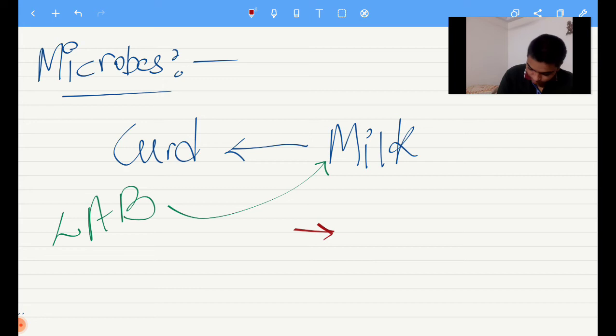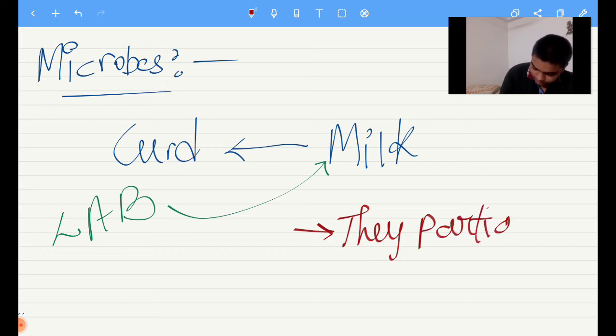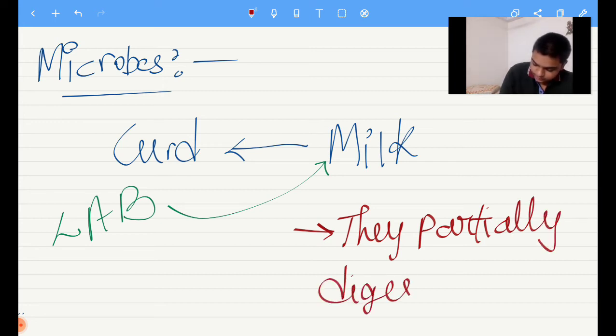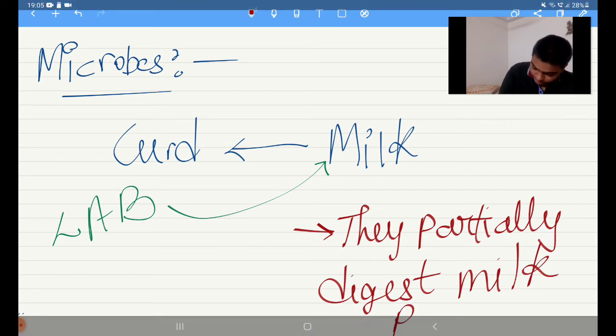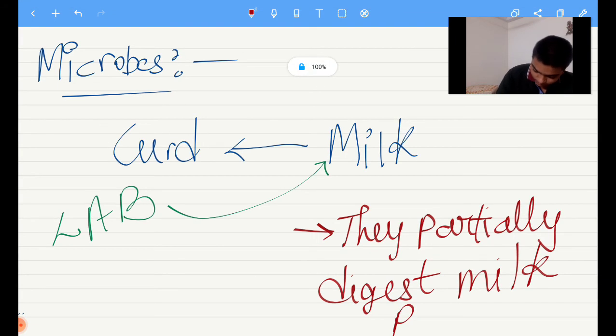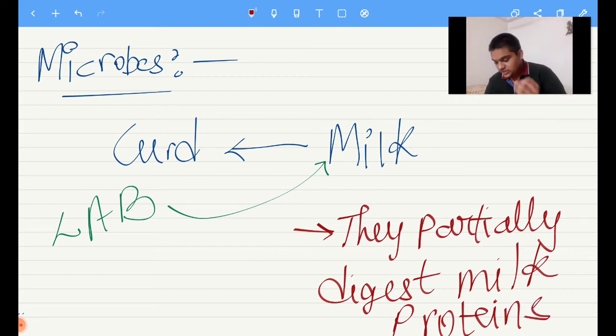Make a note of this point. They partially digest milk proteins.